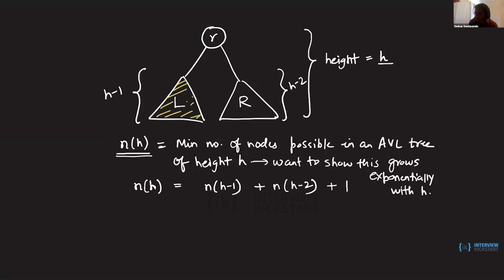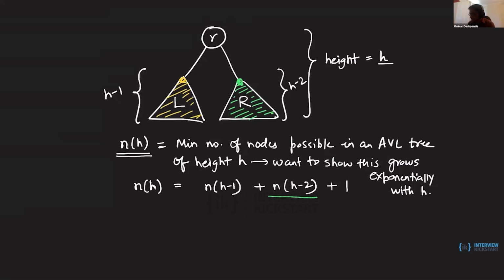Yeah. And which one is h minus 2? The right one. Yeah, this is n of h minus 2, the number of nodes in this subtree.